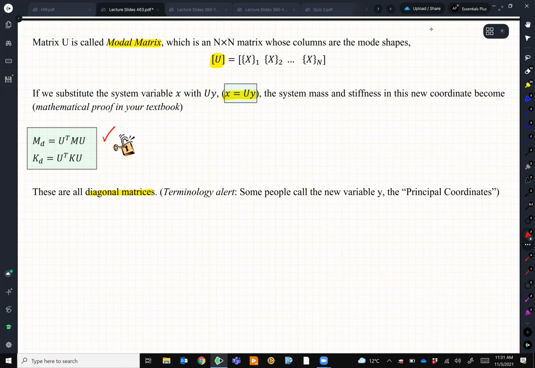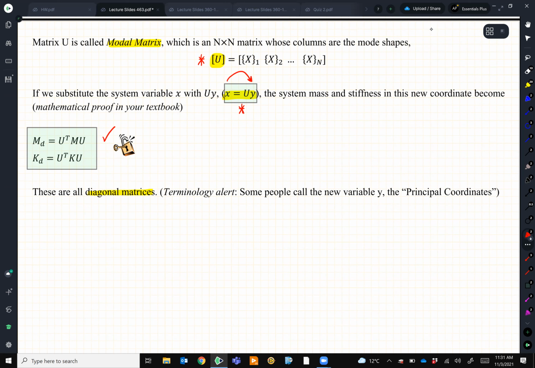So anyway, going back to the mathematician, they say they are the principal coordinates, and with the principal coordinates, it means if you transform your x to y using this U matrix, where U are the eigenvectors, you're going to get independent equations.